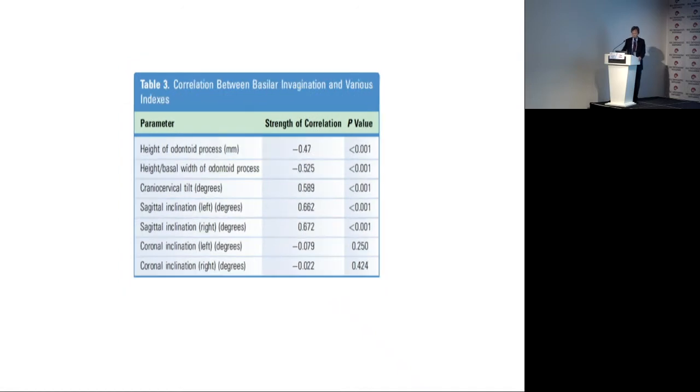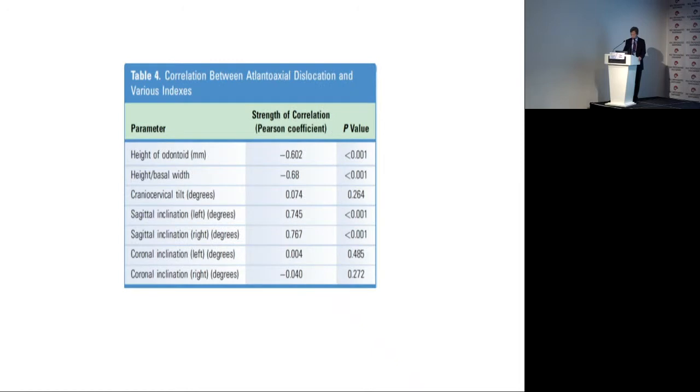And we also found that these parameters are correlated with the severity of basilar invagination. And the height of odontoid and the ratio compared with basilar width are also related with the dislocation between C1 and C2.